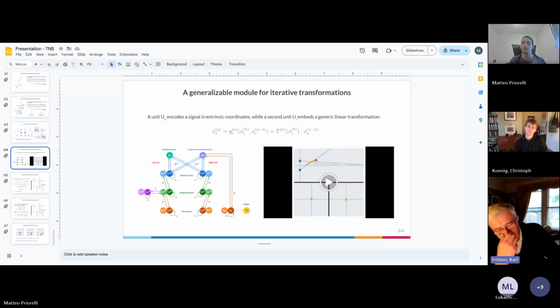I was just thinking, when you can assume that kind of conditional independence, this is exactly what you see in the brain, in a very abstract sense: the what and the where streams in the brain.